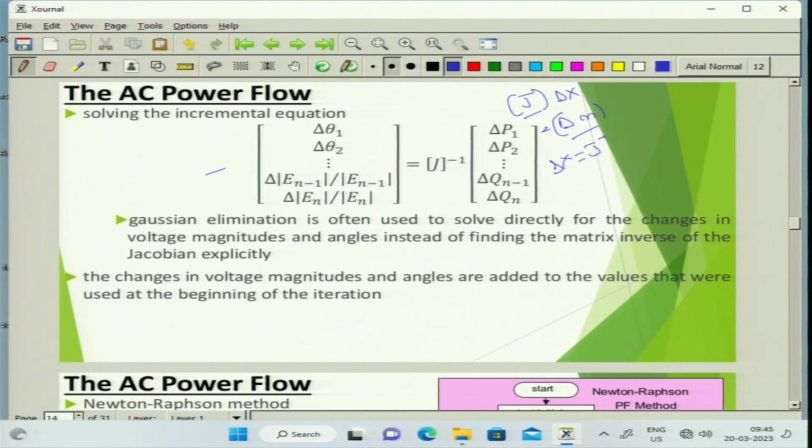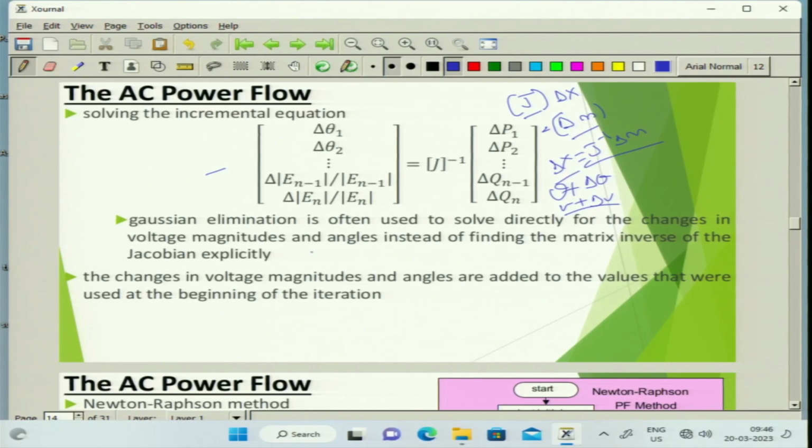This is nothing but J inverse into delta m. Once you get delta x, that is the updated angle and voltages. Then there are already previous voltages and angles, you add to them: theta plus delta theta, voltage plus delta V. These are the updated values of voltages. Then again you go for the next iteration if it is not converged.